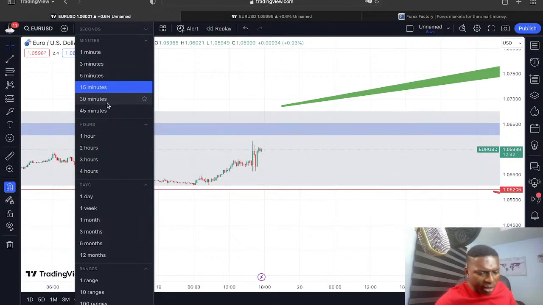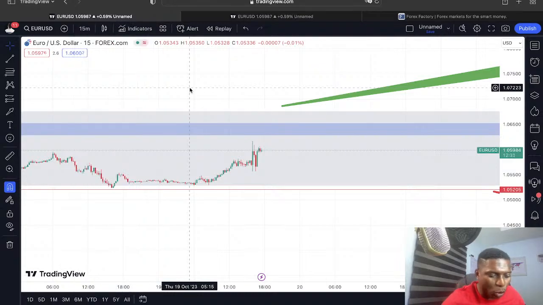Someone said, can you give us an analysis of a sure buy or a sure sell in the market? There is nothing like a sure buy or a sure sell. When you are in the game of trading, it's largely based on probability.